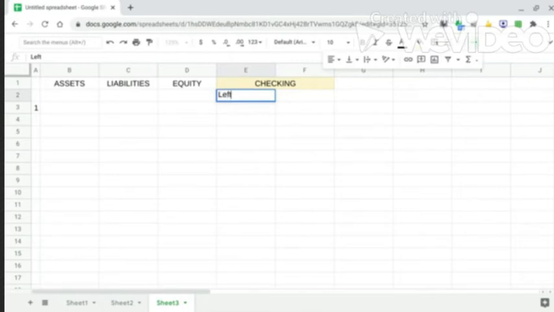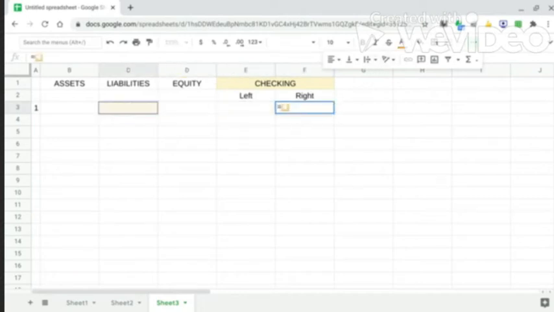So we will put the assets here, which needs to be equal to the liabilities plus equity.